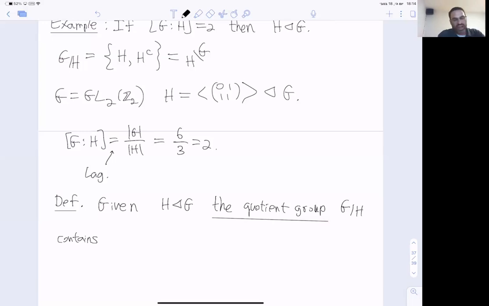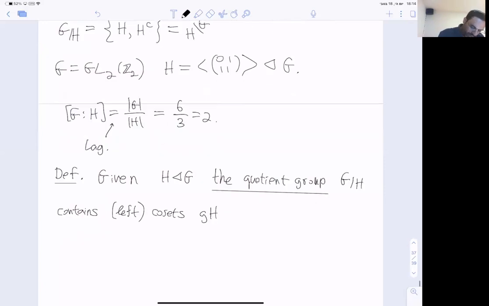It doesn't matter if it's left or right. Until now, I didn't say anything new. This is also the quotient set, but now I give an operation that makes it a group, okay?